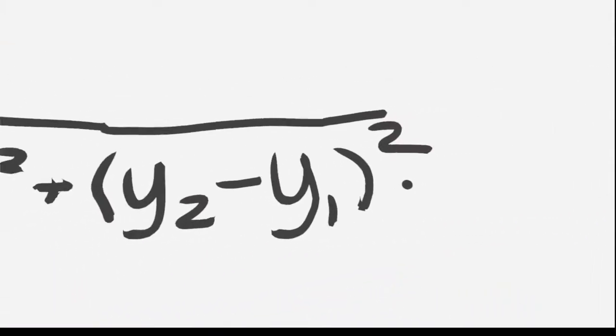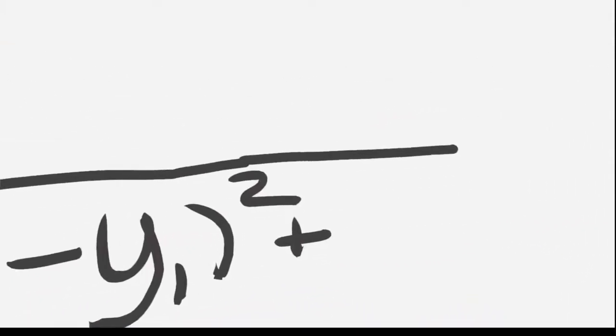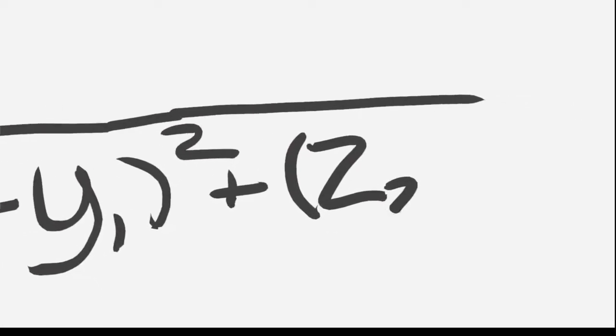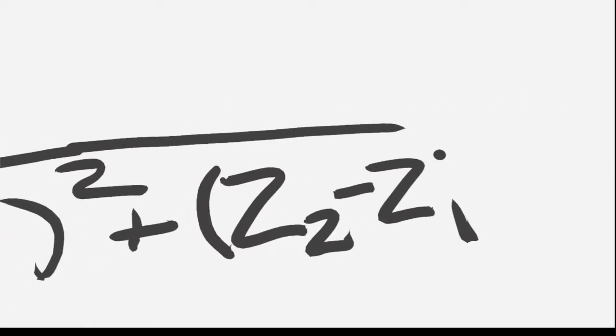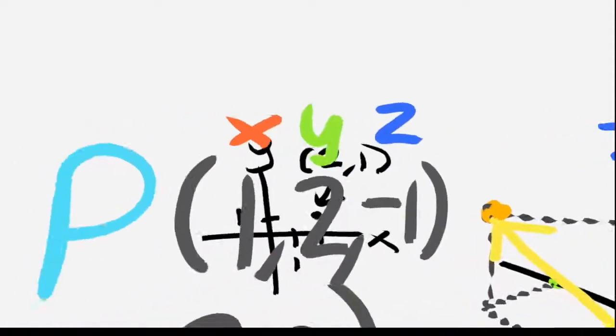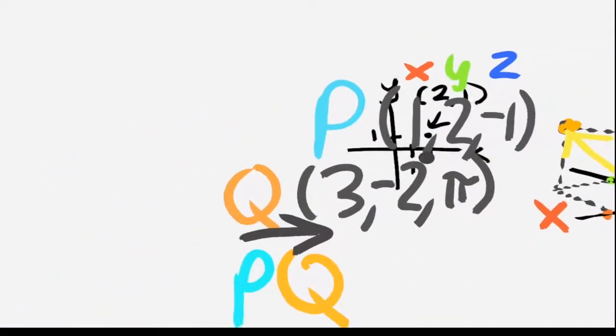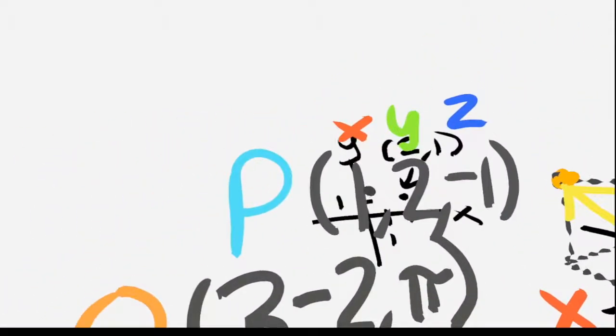So it's actually just going to be plus z2 minus z1 squared. So we look at our 2 points.